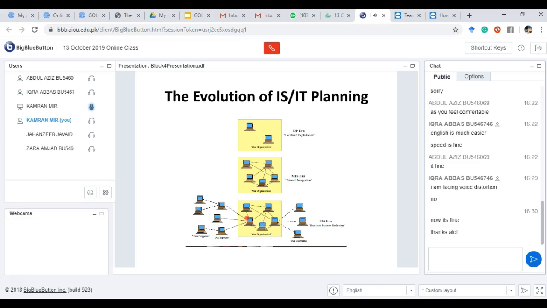Along with that, these internal systems are now talking with our suppliers, and their suppliers are interlinked with them as well, and then we are somehow talking with our customers as well. So that is called business process redesign, which means this new strategic information system is not focusing only on the internal systems of the organization. Along with that, it is focused on the external systems of the organization as well.